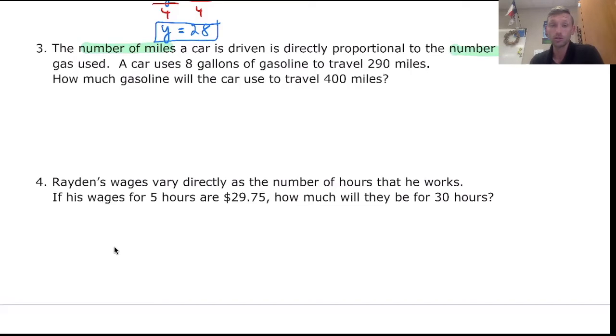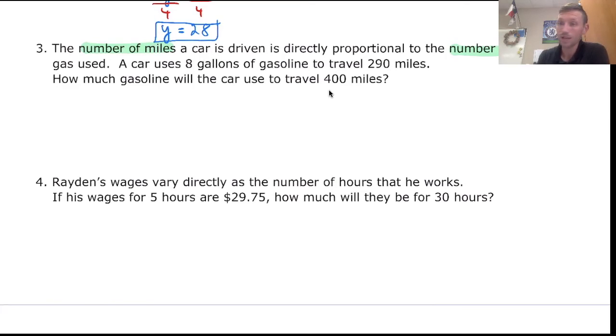If you want to, you can say miles is X, gallons is Y, or you can just write out miles and gallons. So a car uses 8 gallons of gasoline to travel 290 miles. How much gasoline will the car use to travel 400 miles? So they gave us gallons and miles related. Then they asked for gallons, but gave us miles.